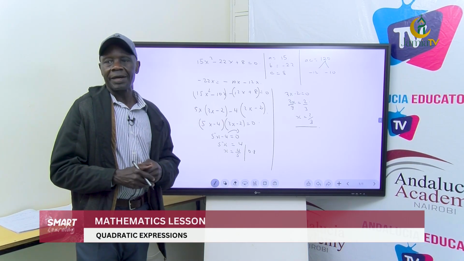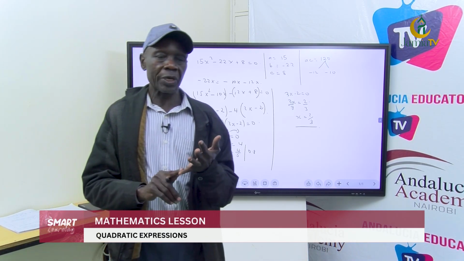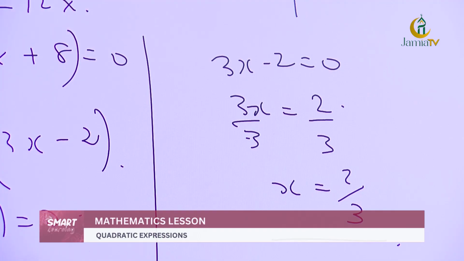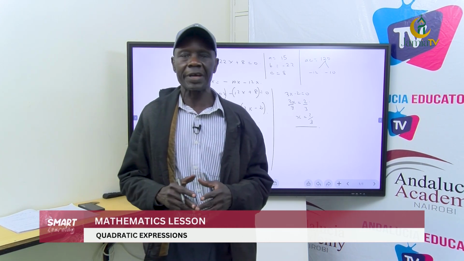The most important thing you must remember is make sure that you get your coefficients A, B, and C. Get your AC, look for the factors, because your AC will be your product and your B will be your sum. When you get your factors, they should add up to B, and the product should be AC. And you find that factorizing quadratic expressions and also solving quadratic equations using factorization becomes very easy.